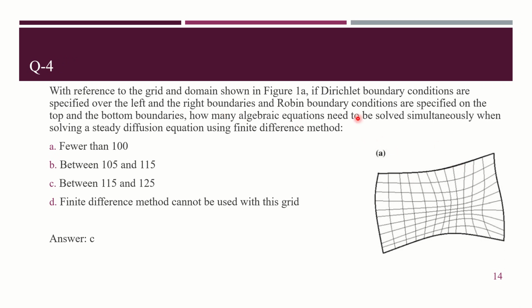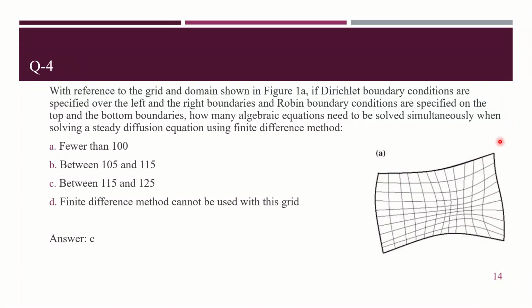And how many algebraic equations need to be solved simultaneously when solving a steady diffusion equation using the finite difference method? So how many algebraic equations we need to solve? Here we are using the finite difference approach, so we will be calculating everything at a grid point. If that is the case, we first need to identify how many cells are there.